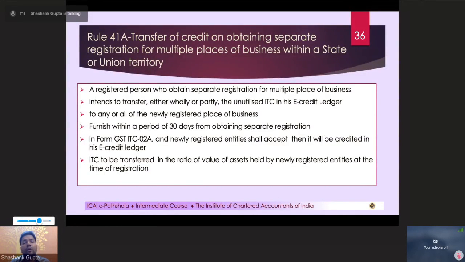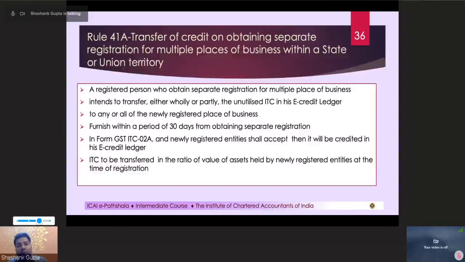But if all the 4 offices were in CA practice, then in Delhi I could only work on a single registration. This condition was relaxed. The government allowed that even if you are in the same line of business, you could have separate registrations within a single state.